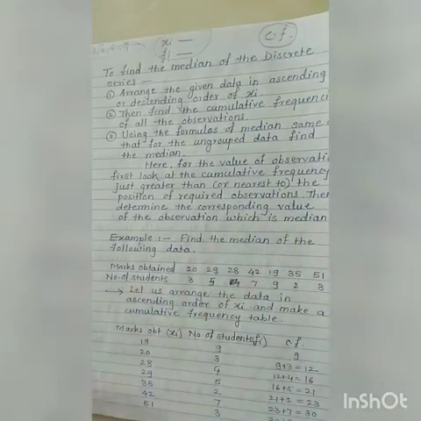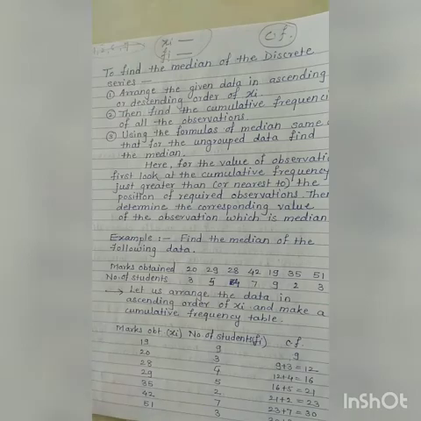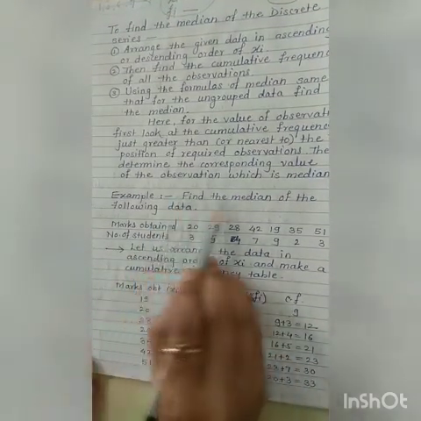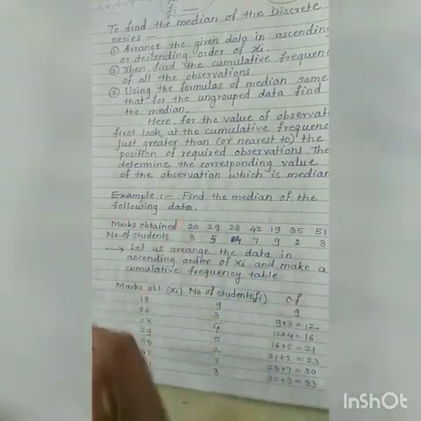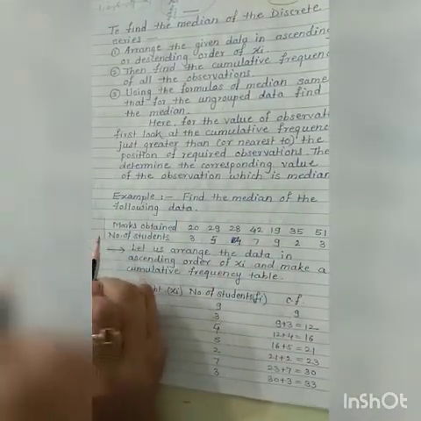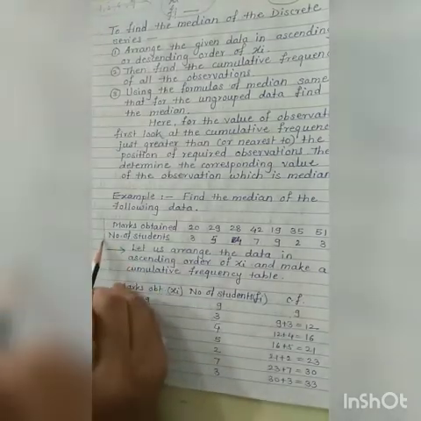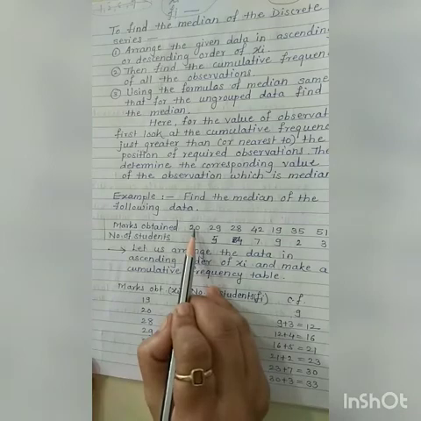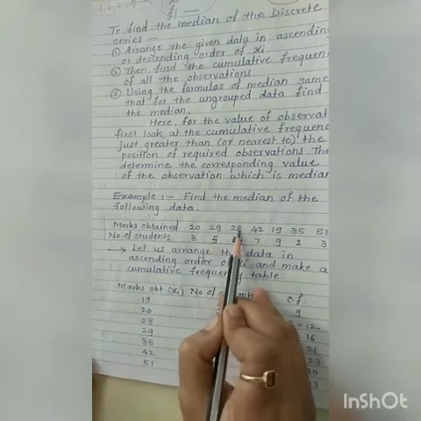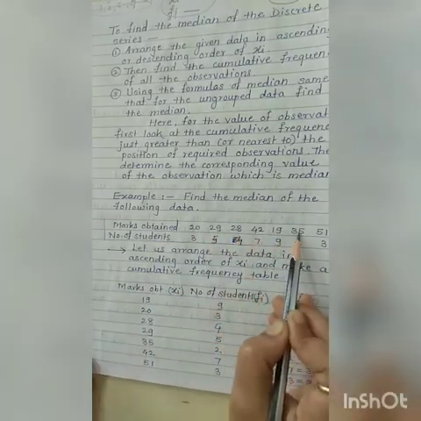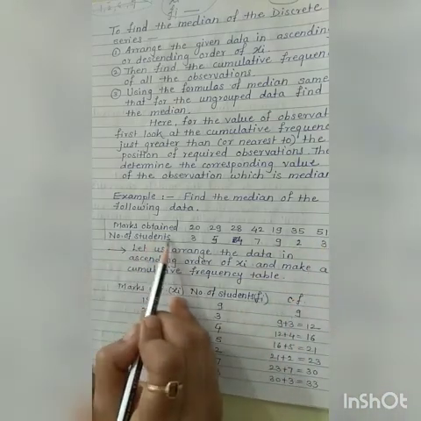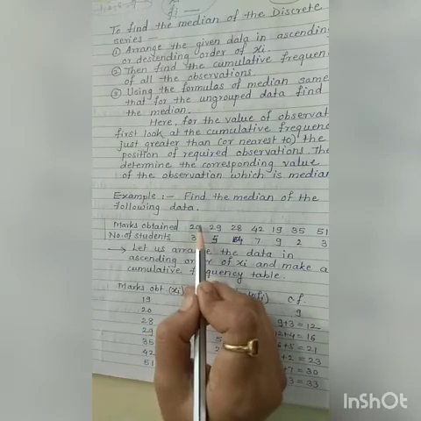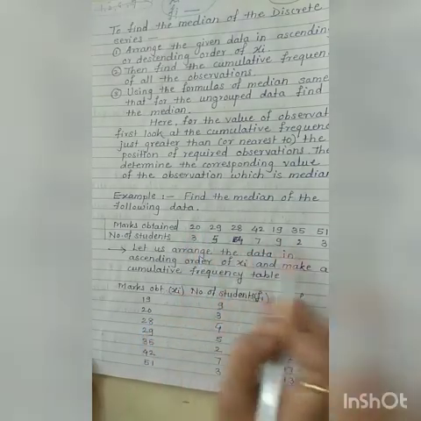Now let us see this explanation with the example. Our example is find the median of the following data. Now the data is given here in the discrete series, that means marks obtained given here 20, 29, 28, 42, 19, 35, 51, and the number of students who have scored these marks are given here.